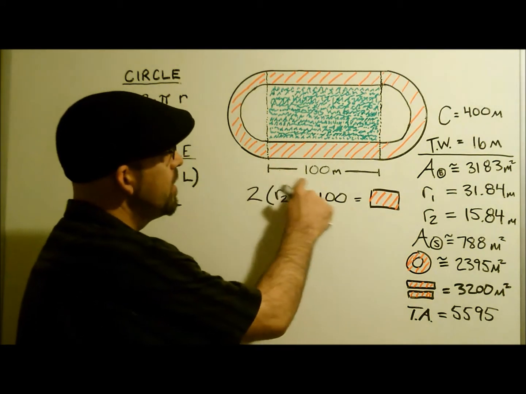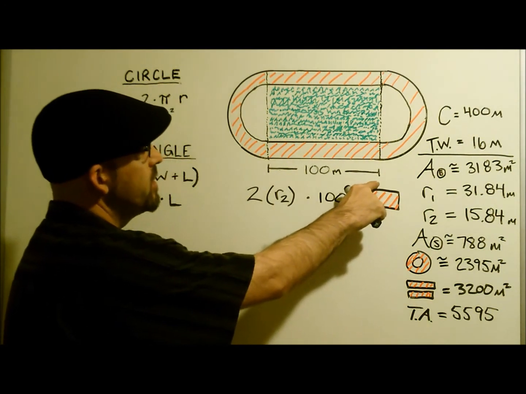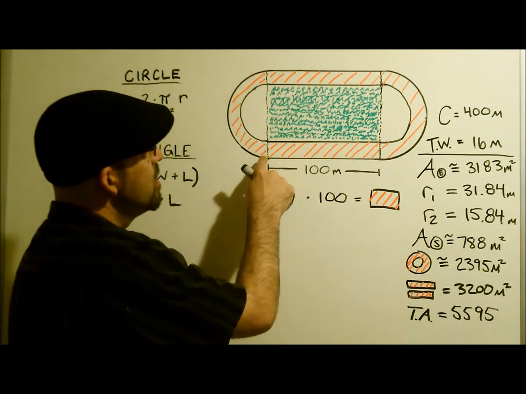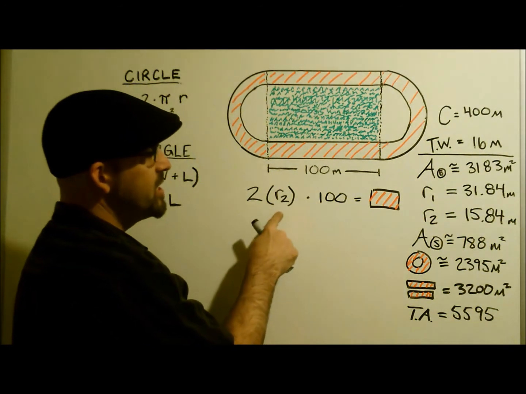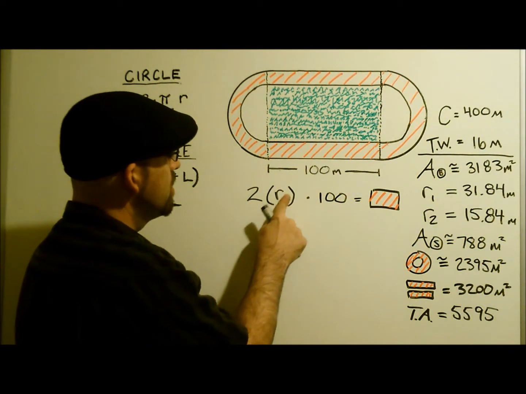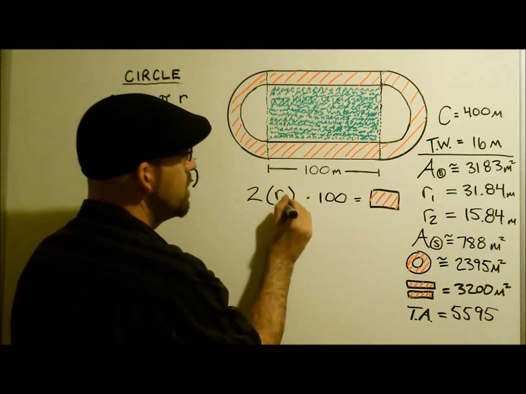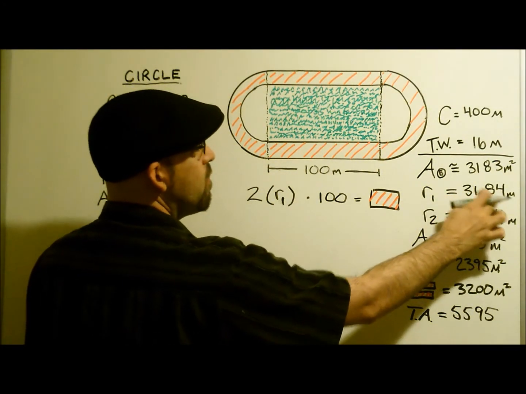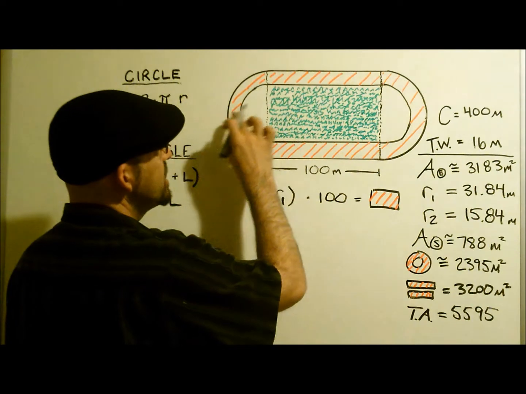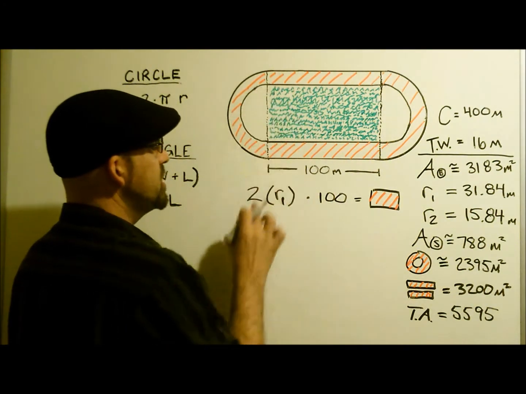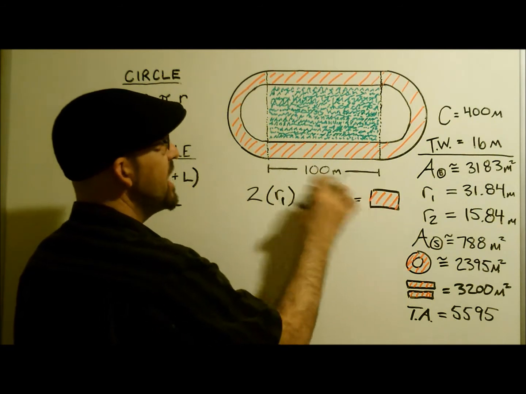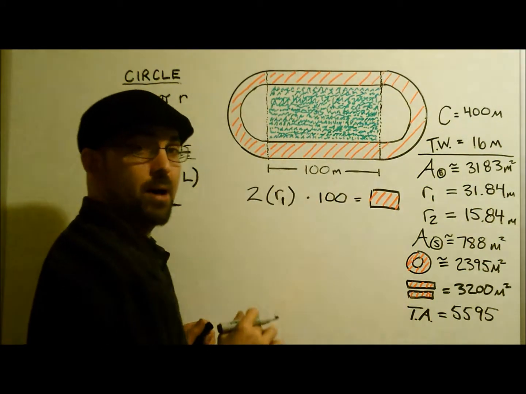We know the bottom right here is 100, so all we have to do is multiply by this diameter right here. Well, we know that the radius, R1, to be 31.84. That's the radius, but we want to know the diameter, which is twice the radius. Times 100 will give us the area of the entire box in the middle.